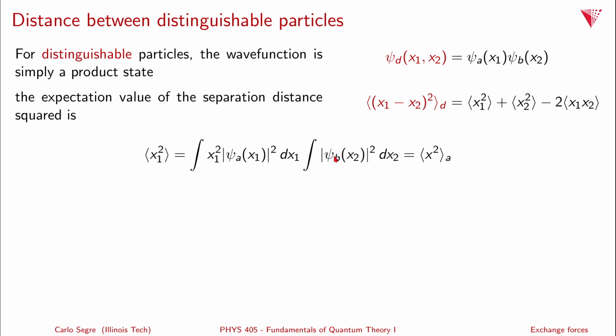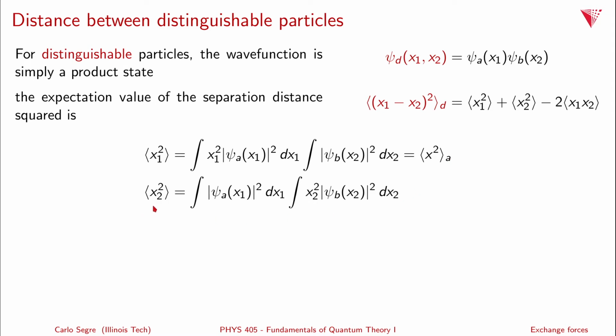Clearly, if these are orthonormal functions, this is 1. And this just gives you the expectation value of x squared in state A, which we'll write as the expectation value of x squared sub A.